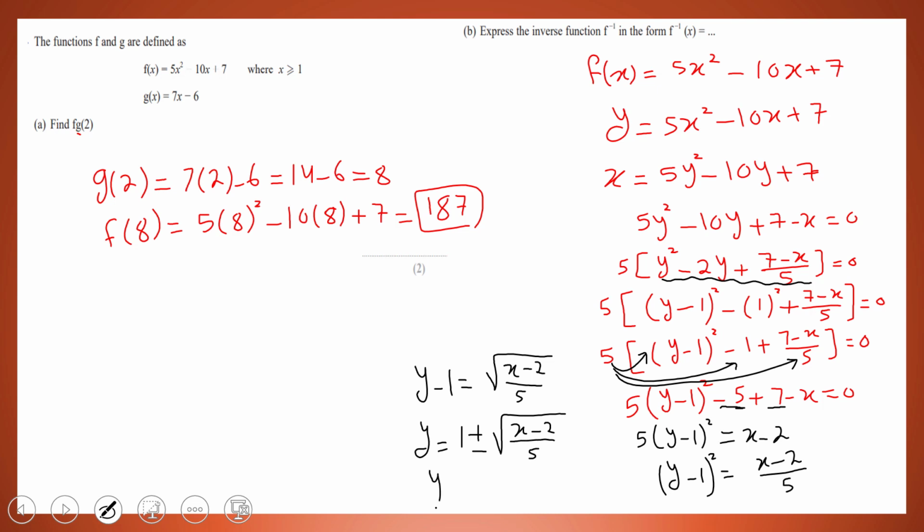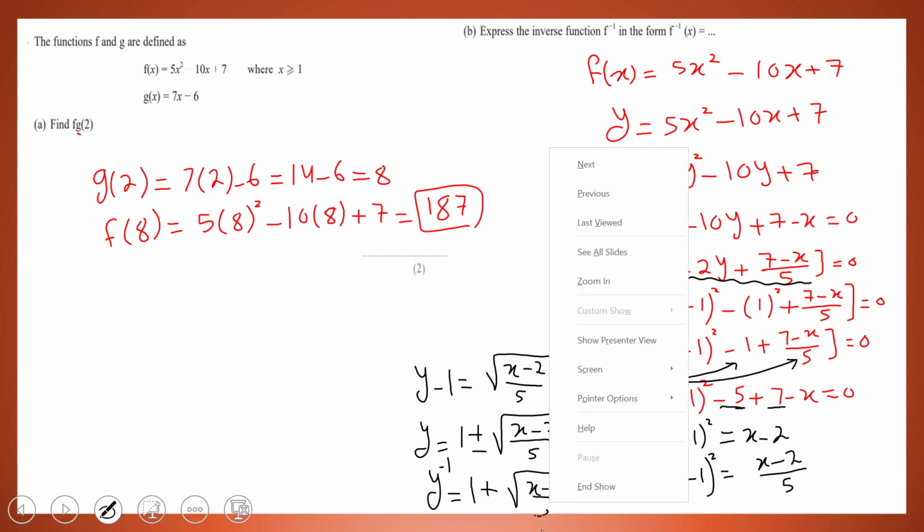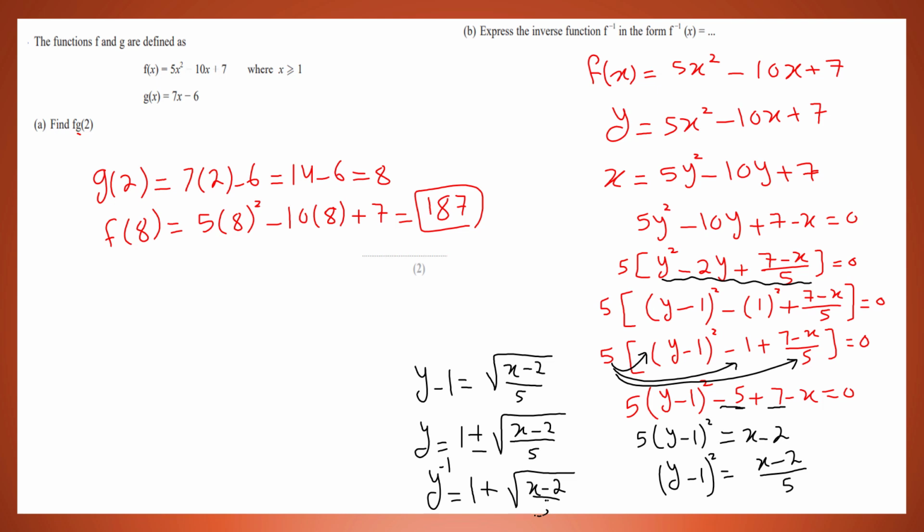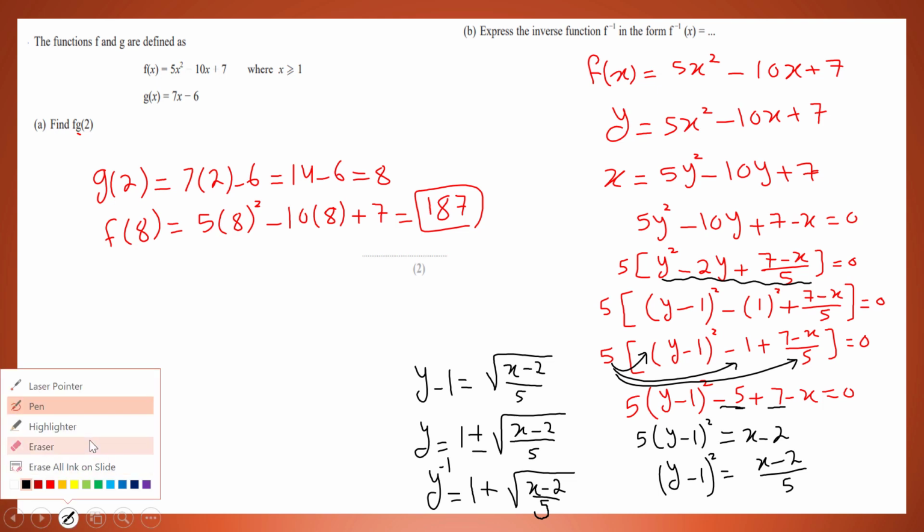But you will exclude the minus because x was greater than or equal to 1 from the beginning. So this is the inverse of the function. It will be x minus 2 all over 5 below the square root.